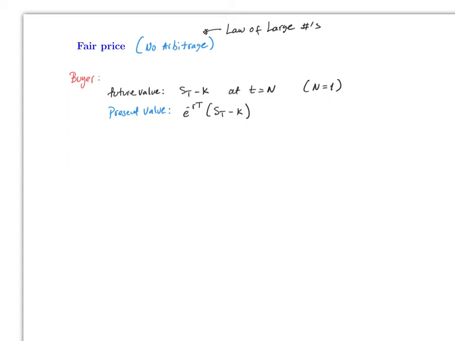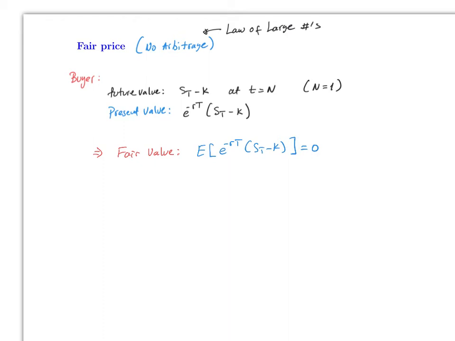Now remember that if you have a fair game, the expected value is equal to 0. So therefore the fair value, the expected value of the present value, should be equal to 0.